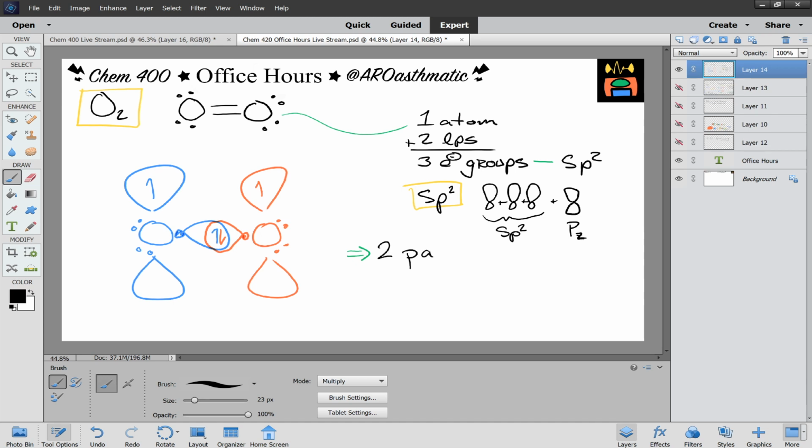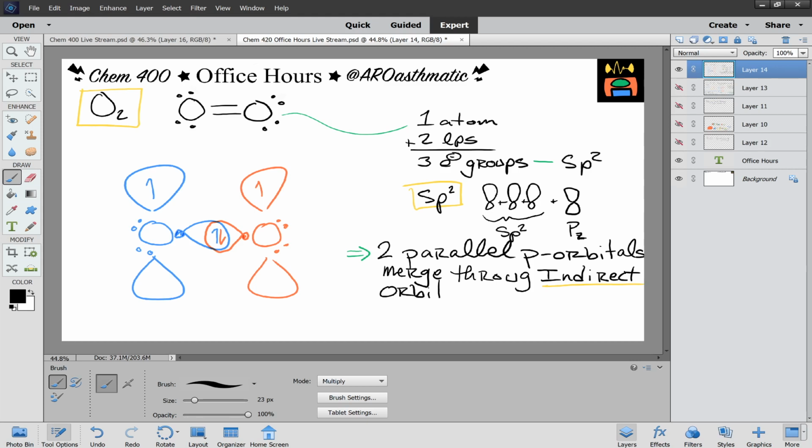Your 2 parallel p orbitals merge through something called indirect orbital overlap to form a pi bond.